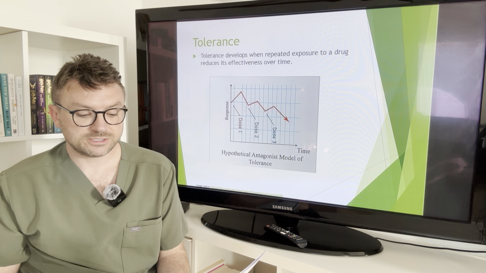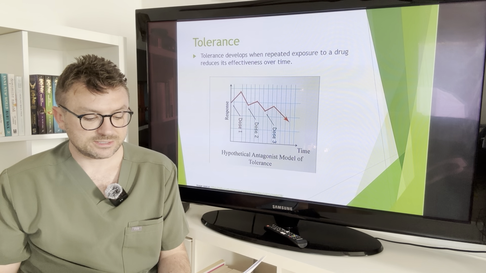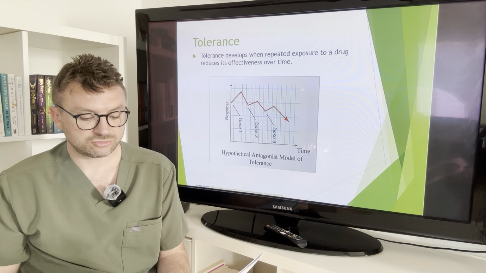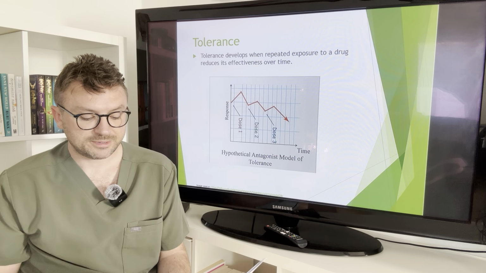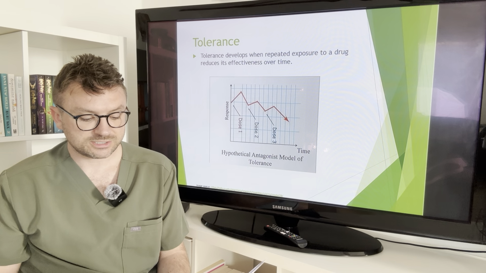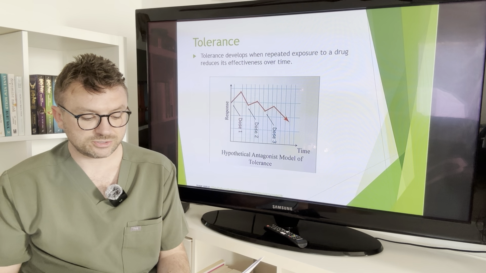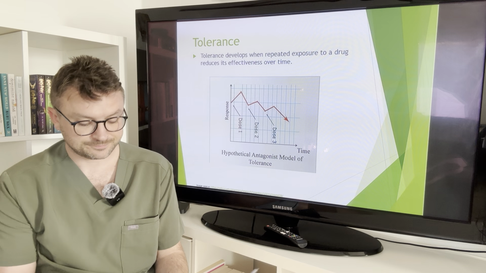Examples of drugs commonly associated with tolerance include opioids, nicotine, and benzodiazepines. Tolerance is an important consideration during drug development because it can affect long-term effectiveness, patient safety, and the risk of dependence. Researchers therefore aim to develop medicines that maintain effectiveness while reducing the likelihood of tolerance developing.